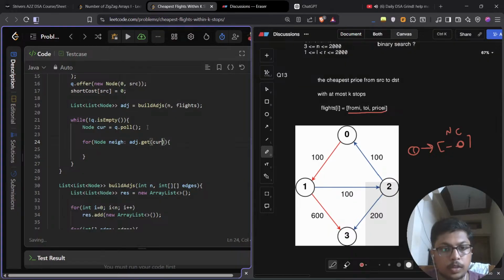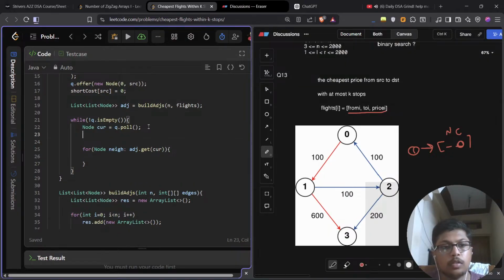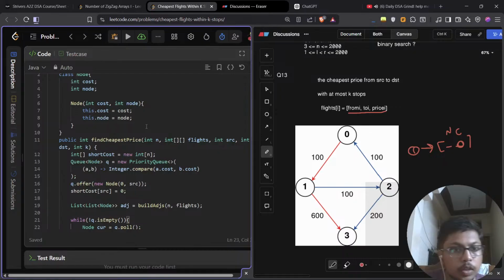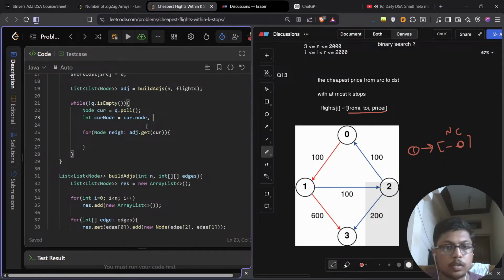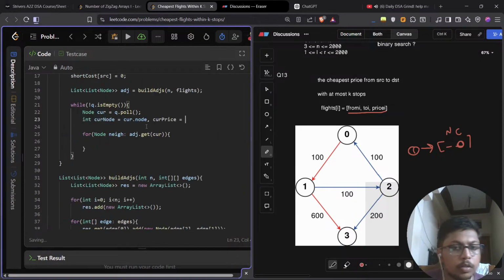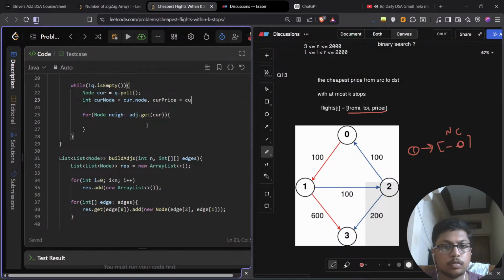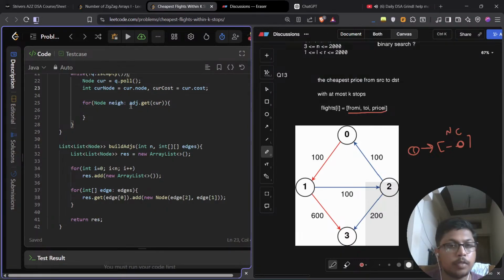Let's say this is the node, and the name is start, and price is equal to the cost. I would also say it as cost itself. Maintain the same thing.